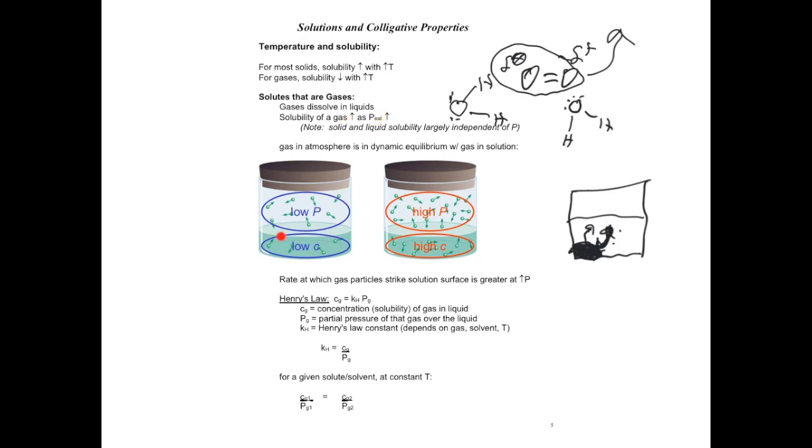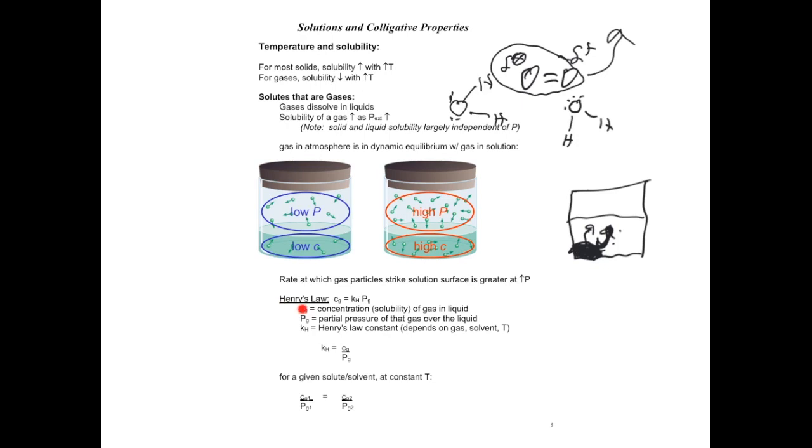So if we look at this example, if we have a low partial pressure of a gas, there'll be a lower concentration of that gas here. But if we have a higher partial pressure here, there'll be a higher concentration. It makes sense because if there's a higher pressure here, that means there are more molecules interacting with this solution, and it pushes more into solution. And if there's less, there's not as much of a push to get into solution.